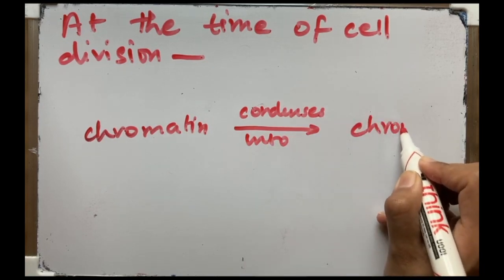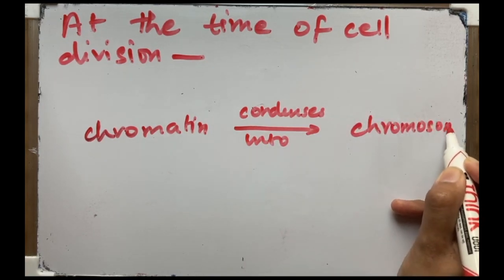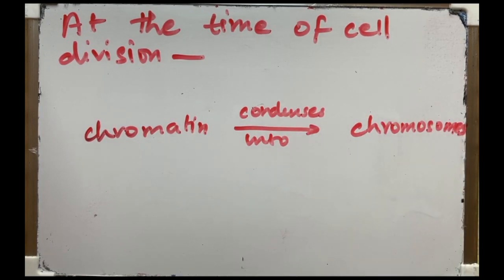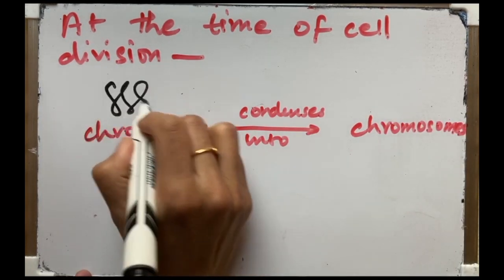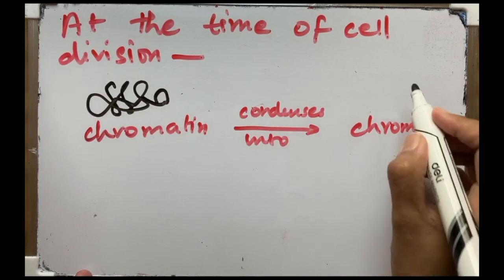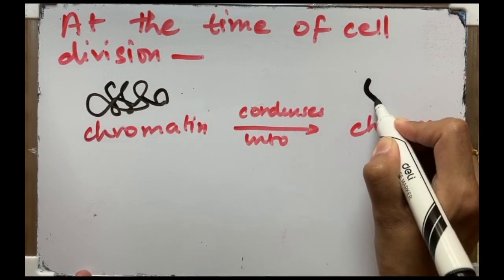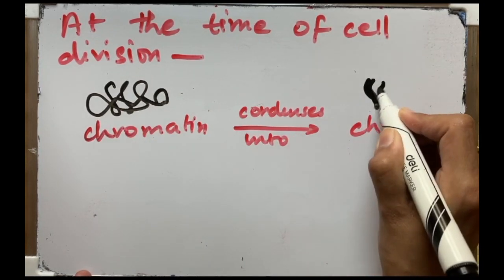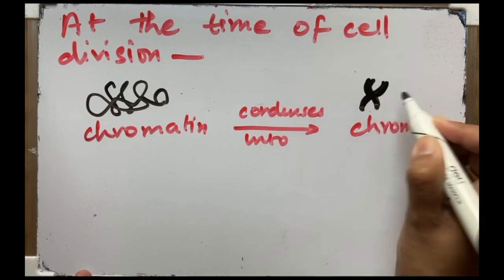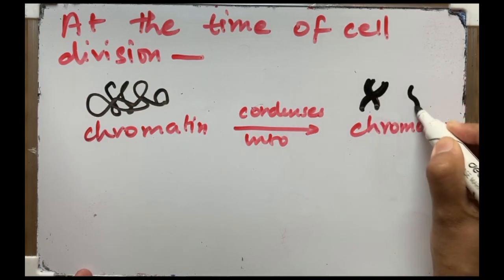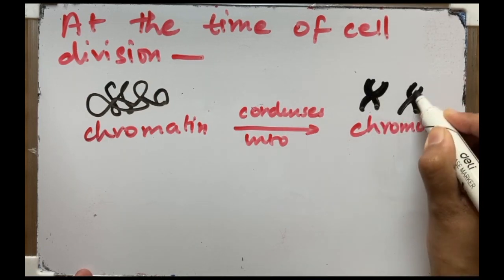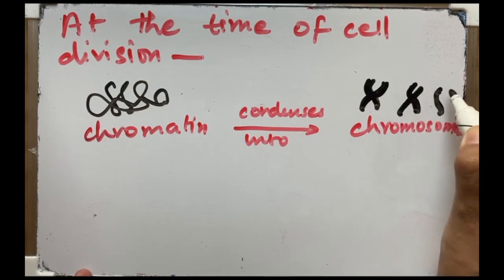Right? It condenses into what are called as chromosomes. So what is the difference? Chromatin is when DNA is tightly coiled in the form of thread-like structures during rest phase of a cell. Whereas what is chromosome? During the time of cell division, the chromatin condenses into chromosomes.